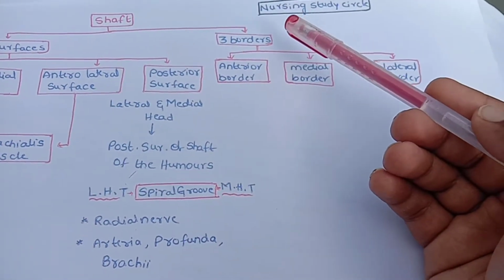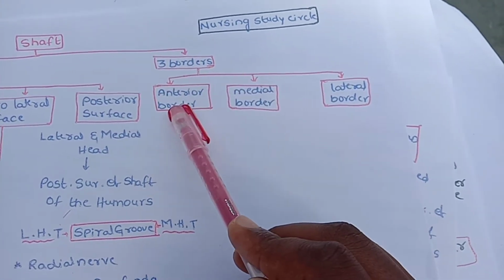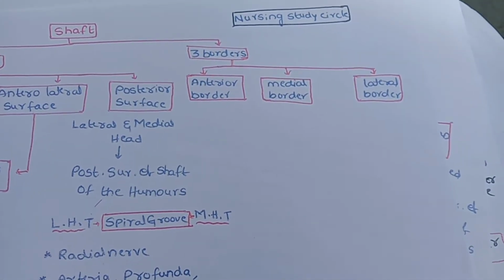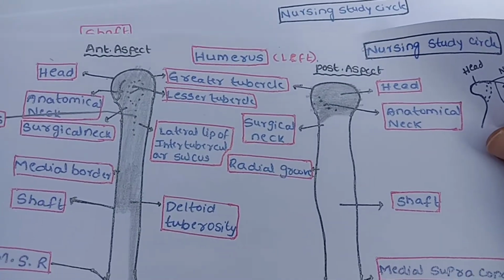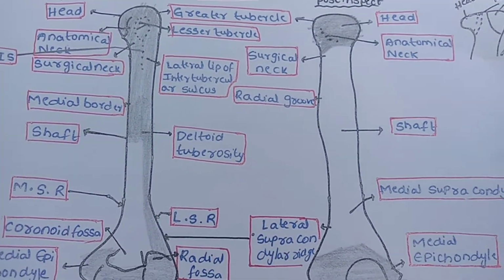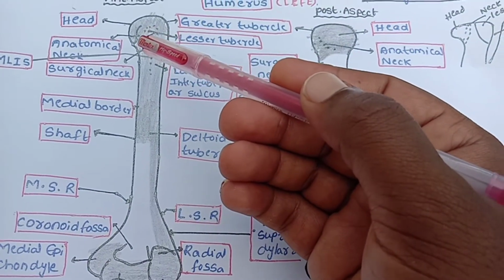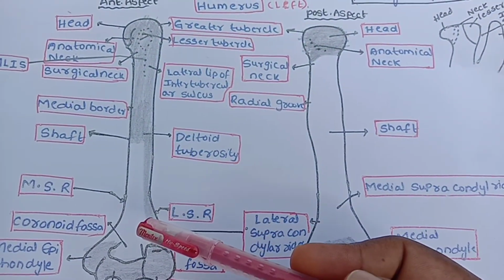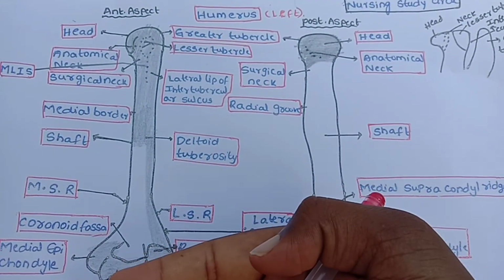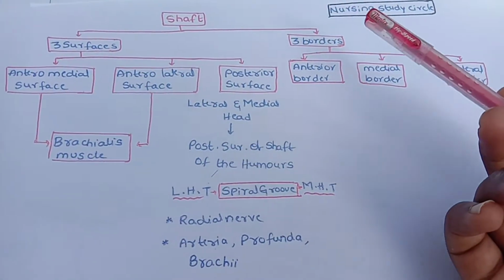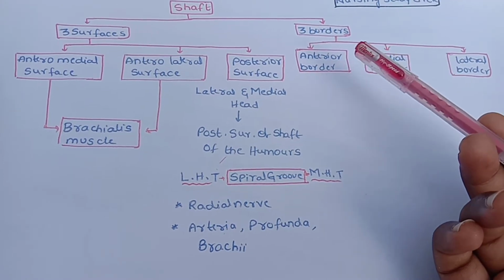You will see the borders: the anterior border, the medial border and the lateral border. In this diagram, this is the medial border, this is the lateral border, and this is the anterior border. These are the surfaces and borders of the shaft.